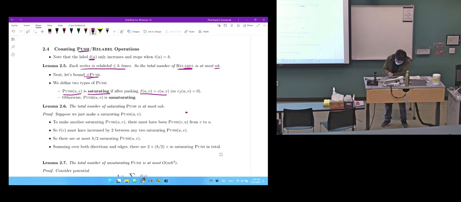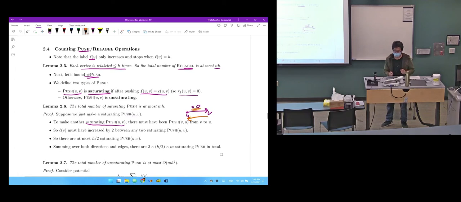Suppose that I make a saturating push from u to v. Then after that, the residual capacity is 0. If I want to make another push from u to v again, then I must have pushed in the opposite direction, because I cannot push again when it is already 0.